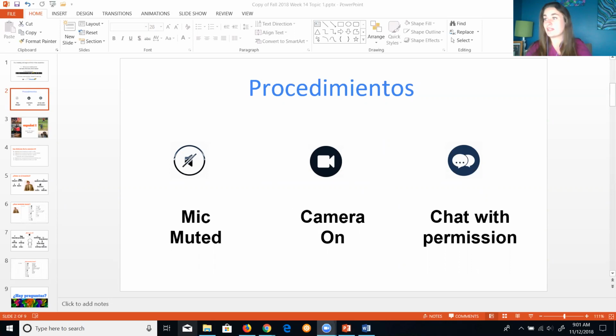So go ahead and turn those on if they work. I can tell from my end if they don't, so you don't have to tell me in the chat. No worries about that. Everyone else, you're looking good. Okay, finalmente, usen el chat con permiso y sobre español solamente.